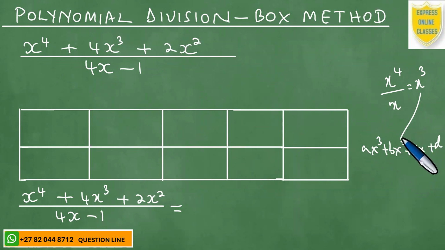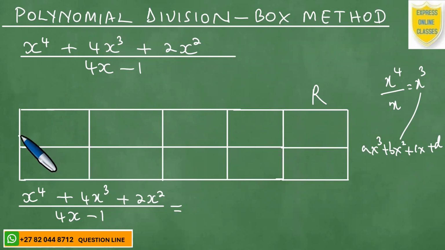This notion of division highlights that after division, we will have our ax cubed term here, bx squared here, cx, d, and in this block we will put the remainder.